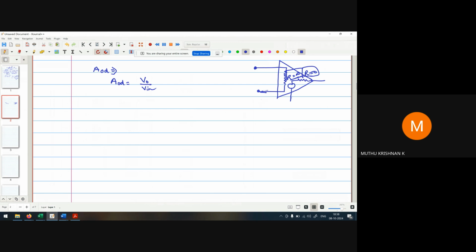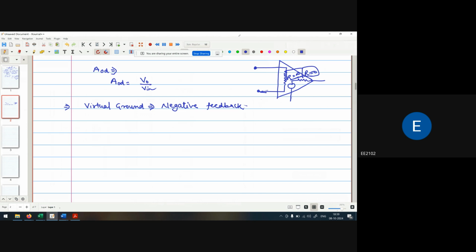The condition of virtual ground is only applicable when the operational amplifier is working as a negative feedback circuit.